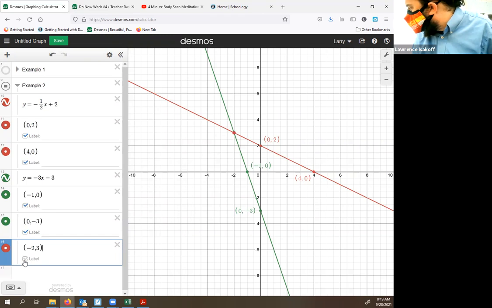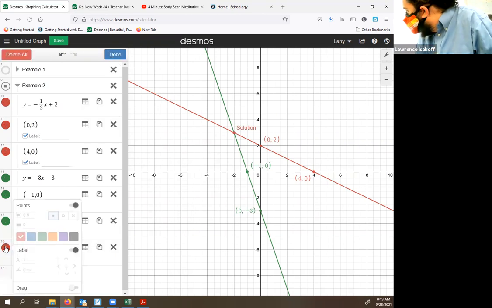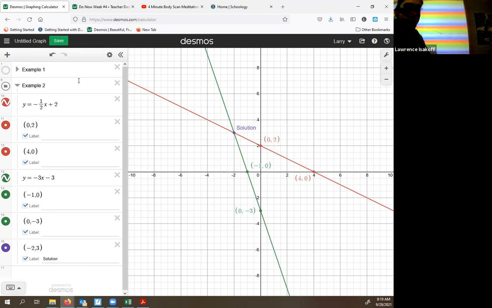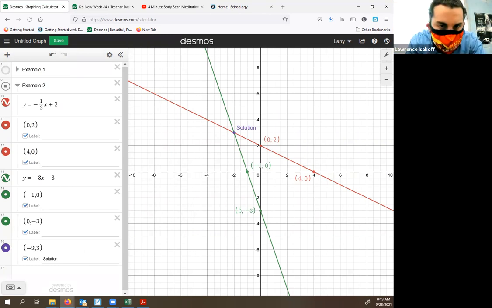And I am going to label that as the solution. And there we go. That's example 2 complete. So we do have some time left in class.